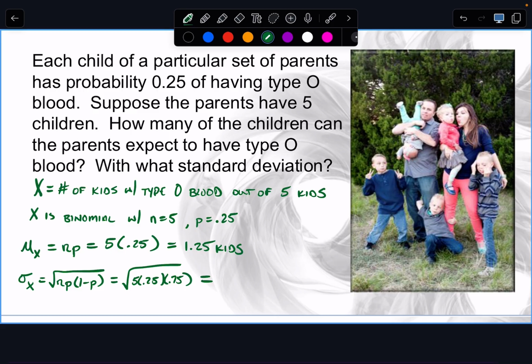So if we throw that in the calculator real quick, what do we get for a standard deviation? 0.97.